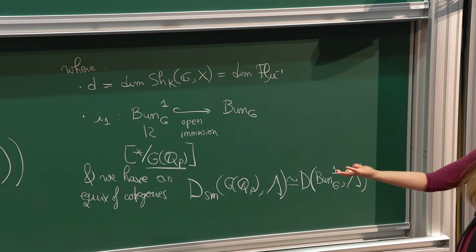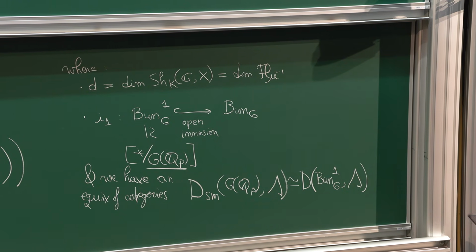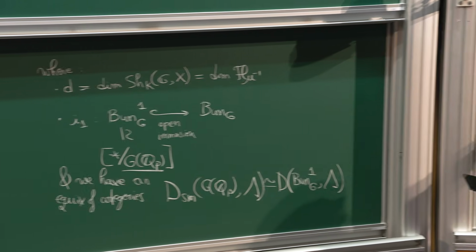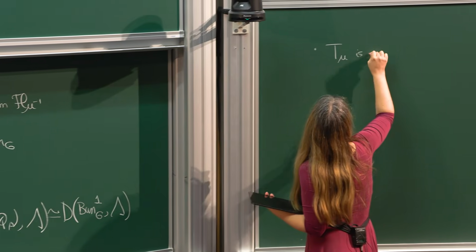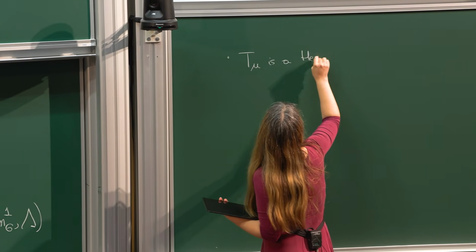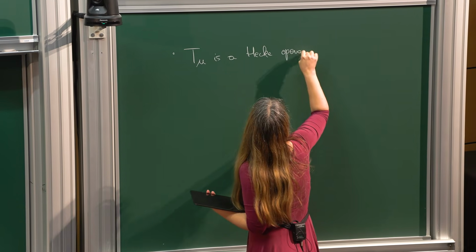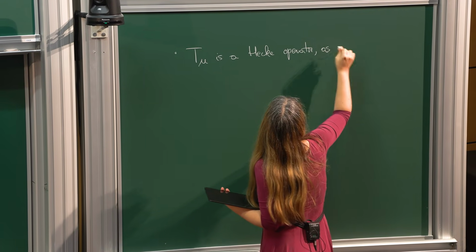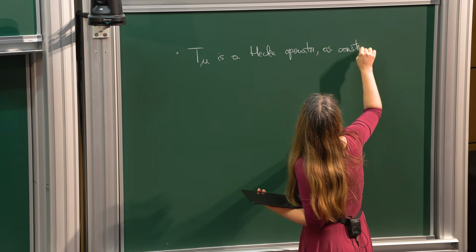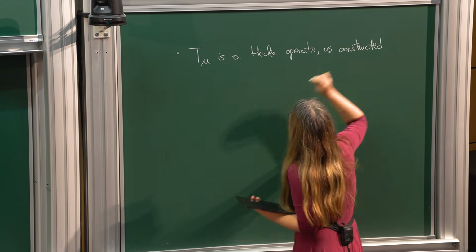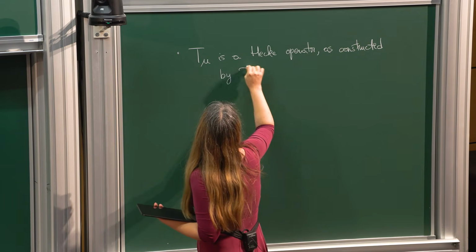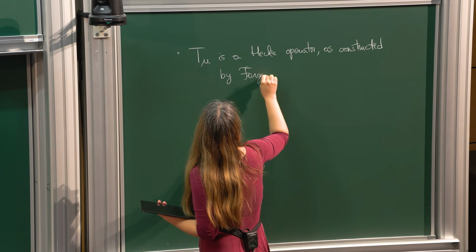And then the most interesting part is T_mu, which is a geometric Hecke operator, as constructed by Fargues and Scholze. And I'll tell you precisely what this is.